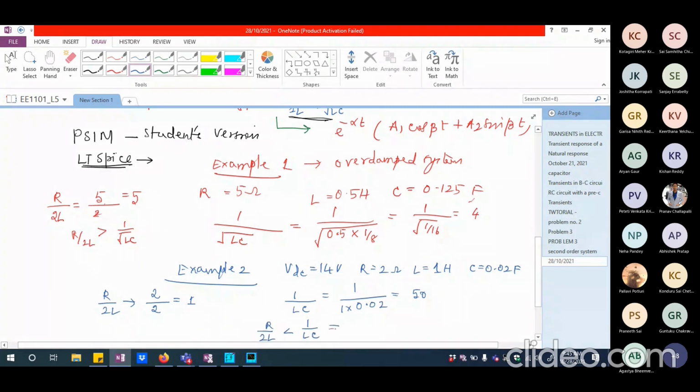So if I try to look at what is R square by 4L square, from this you are trying to subtract 1 by LC. That's what we were trying to do.